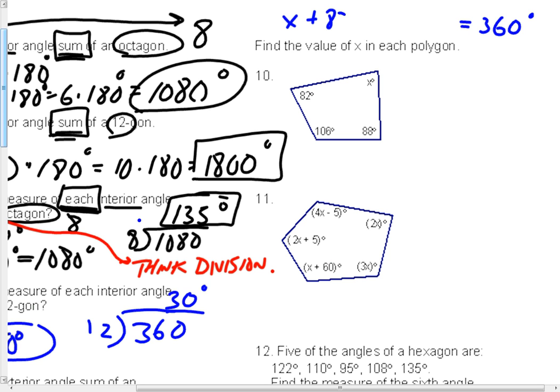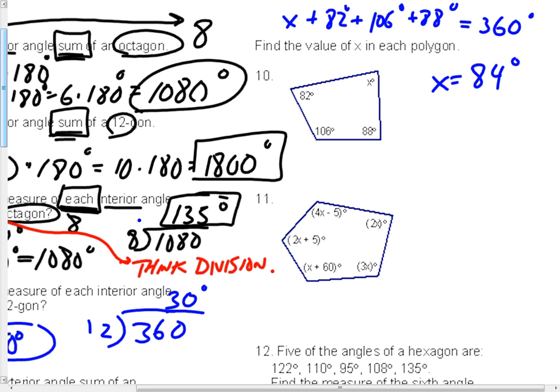X plus 82 plus 10, is that 106? And 88. Can you solve for x in that equation? What do you get? 84. You have a built-in check here. Add those up and make sure that they add up to 360.